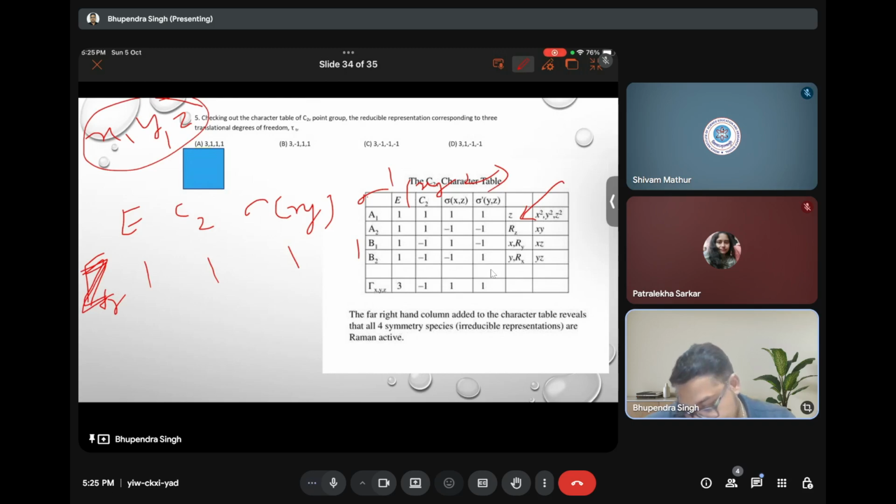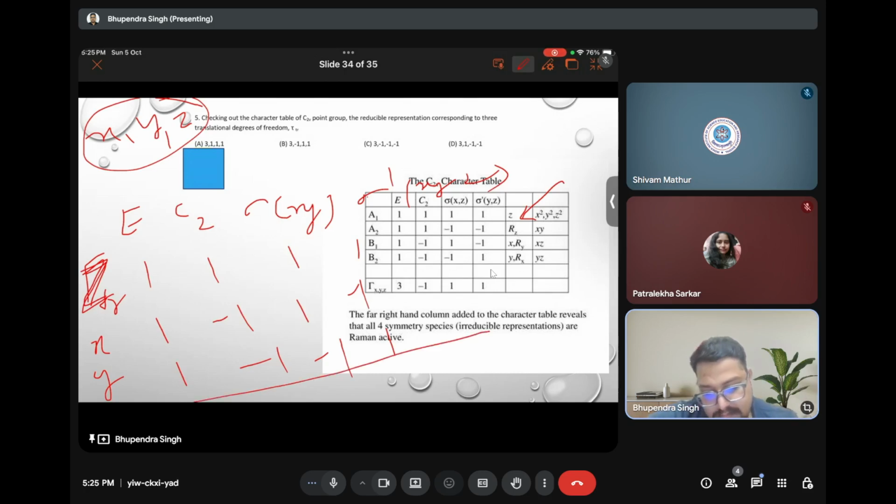For x, what are the characters? 1 minus 1 1 minus 1. For y, what are the characters? 1 minus 1 minus 1 1. Fine. These are your translational.